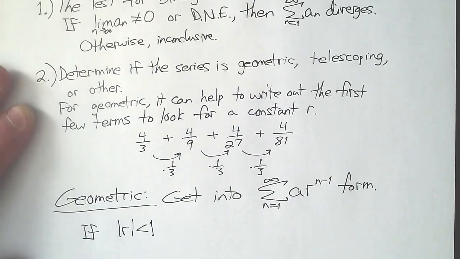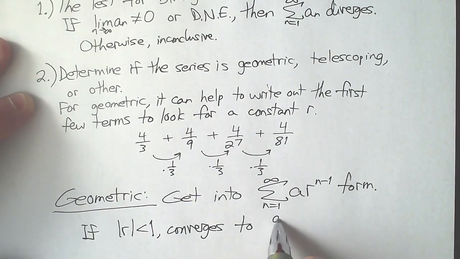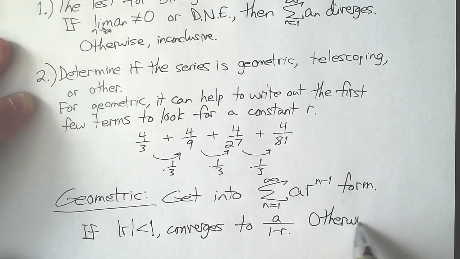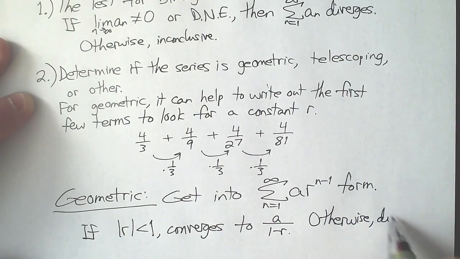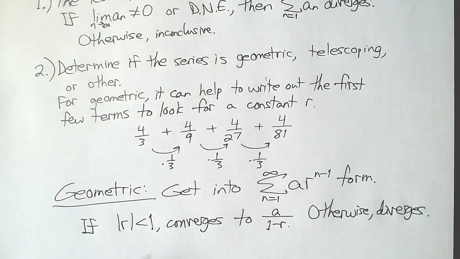If the absolute value of r is less than 1, it converges. Otherwise, it diverges. So that's a rule that you have to remember, and a tiny little formula that you have to remember, a over 1 minus r.